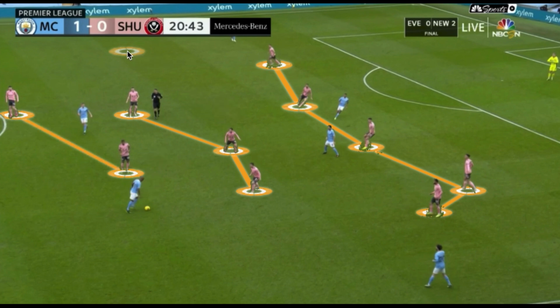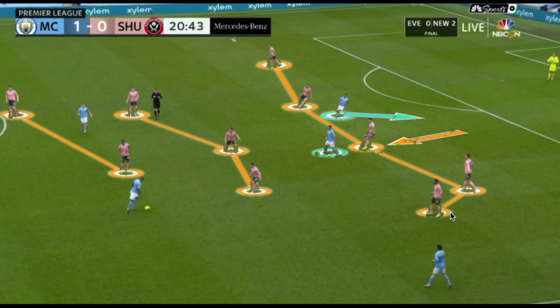And then here's the position of Gundogan as the number 10, and City really overloaded the central corridor here. So by having him and Gabriel Jesus in the same corridor, higher up the field, this can draw some of the defenders out, which can then be taken advantage of by Gabriel Jesus in behind.